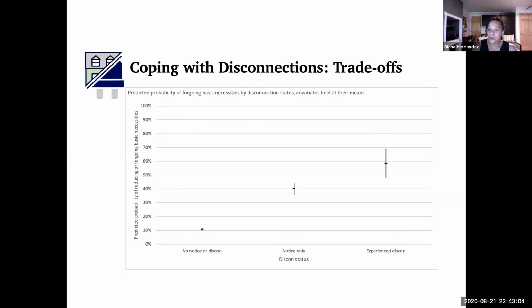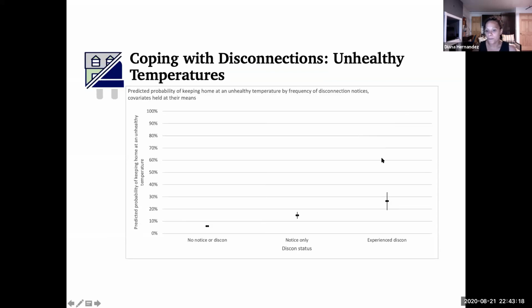But what are people doing, right? That coping aspect. So there are the trade-offs. If you've experienced a disconnection, you're much more likely to be trading off between food and medicine, for instance, as a result of that disconnection. You're also more likely to keep your home at an unhealthy temperature than those receiving a notice only or no notice or disconnection.